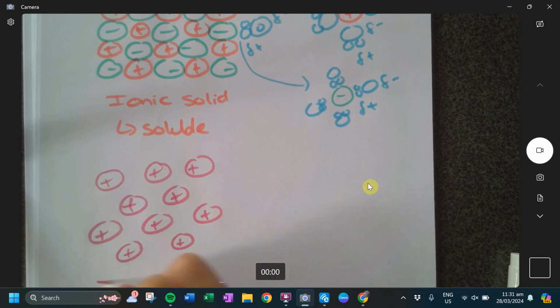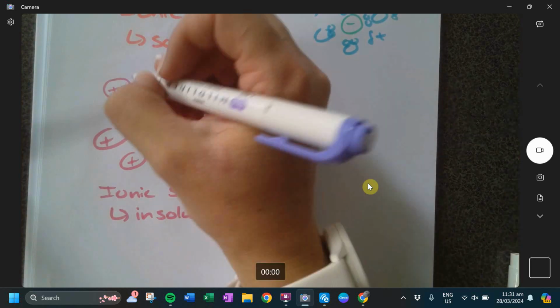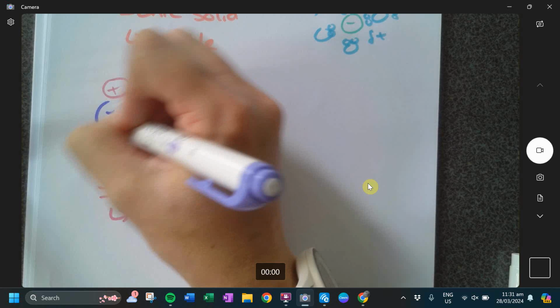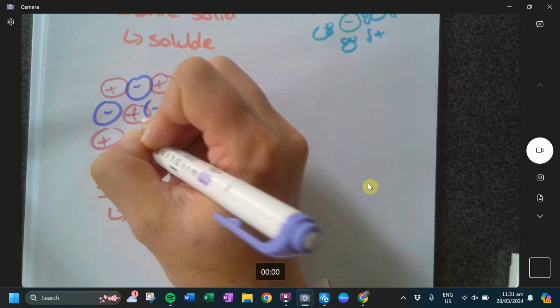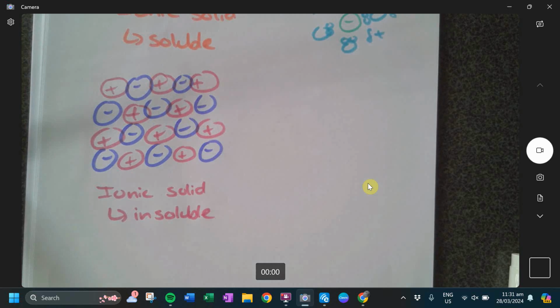This one is another ionic solid, insoluble. Let me just put in my negative ions. Do you see how there's another ionic solid? Agreed? This one here is an example of an insoluble one.